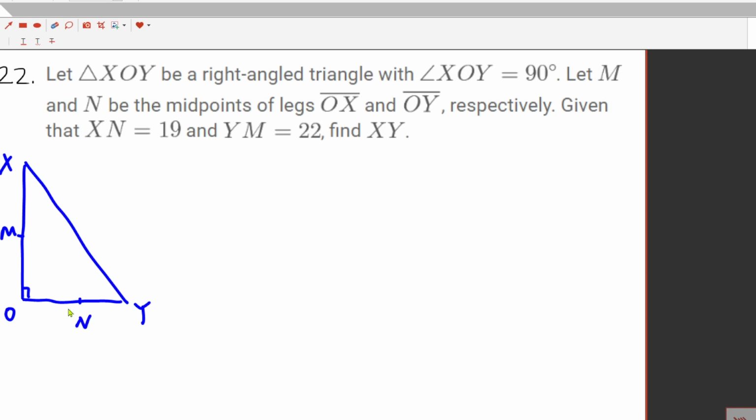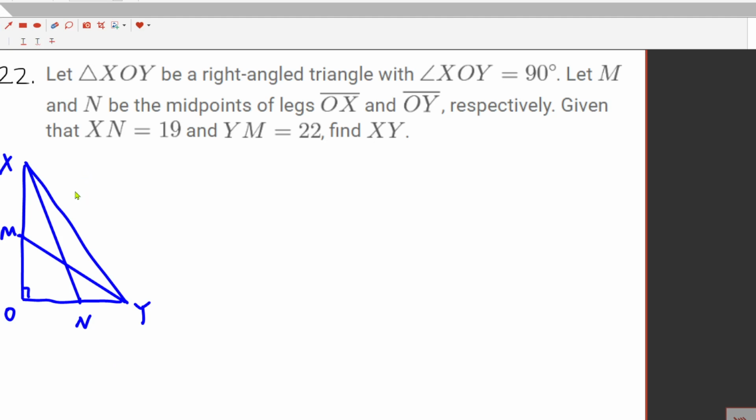Given that XN is 19 and YM is 22. Find the length of XY.